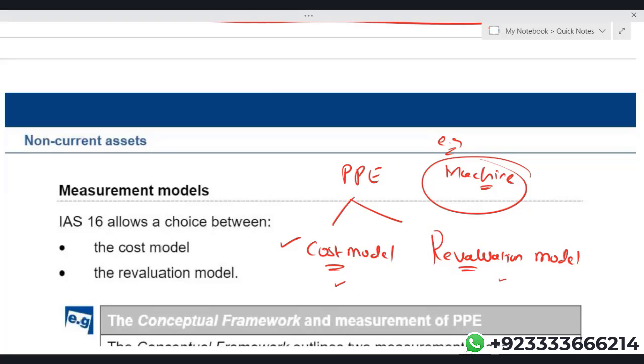Obviously, it is purely judgmental. It purely depends on the user of financial statements. What do they think? Is following the cost model more relevant for the users, or following the revaluation model? Which model is more relevant for the users of financial statements?